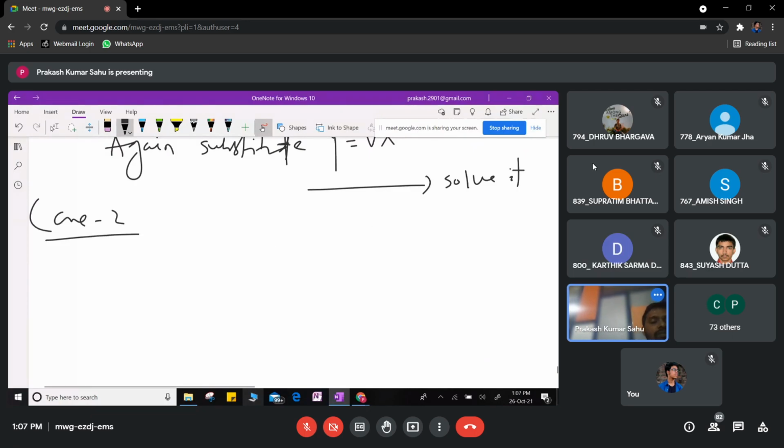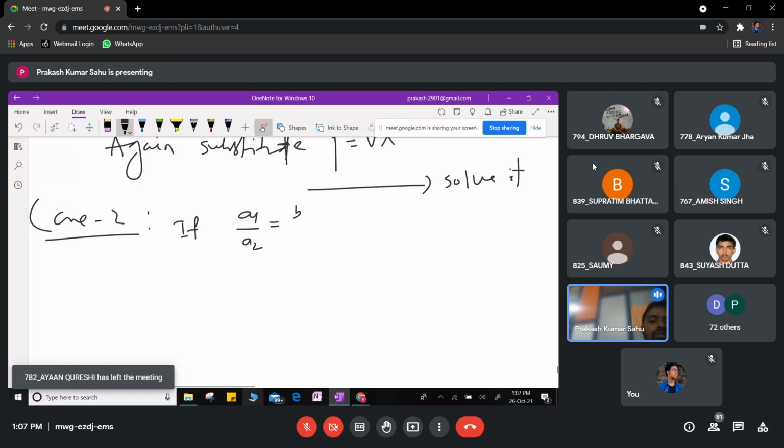What will case 2 be? When a1 by a2 is equal to b1 by b2, these two ratios are the same.